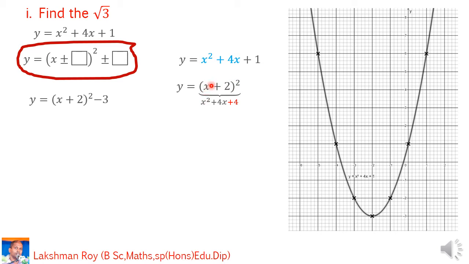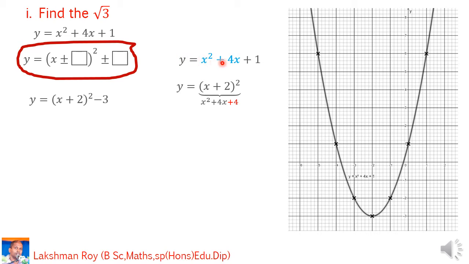You get the first term squared, then the product of the two terms multiplied by 2: x into 2, that is 2x, multiplied by 2, again 4x. Then you get the square of the second term, the square of 2, that is 4. So if you write x plus 2 squared, you get these three terms.